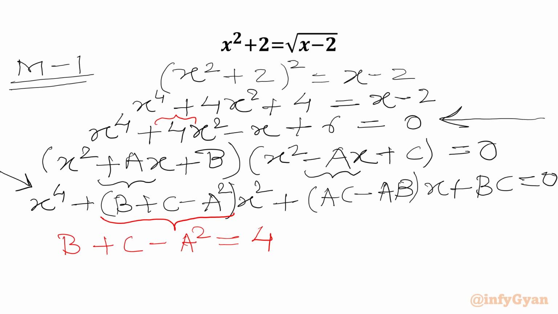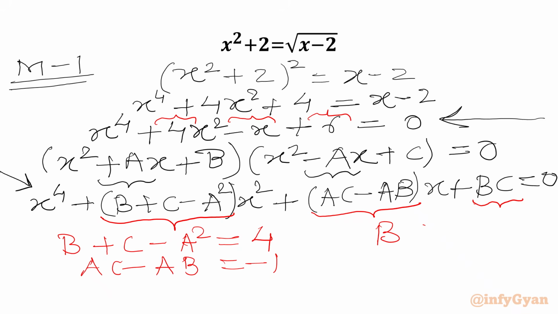If we compare the coefficient of x from both the equations, we can easily write ac minus ab equal to negative 1. Now we are going to compare the constants from both the equations. So we can write bc equal to 6.